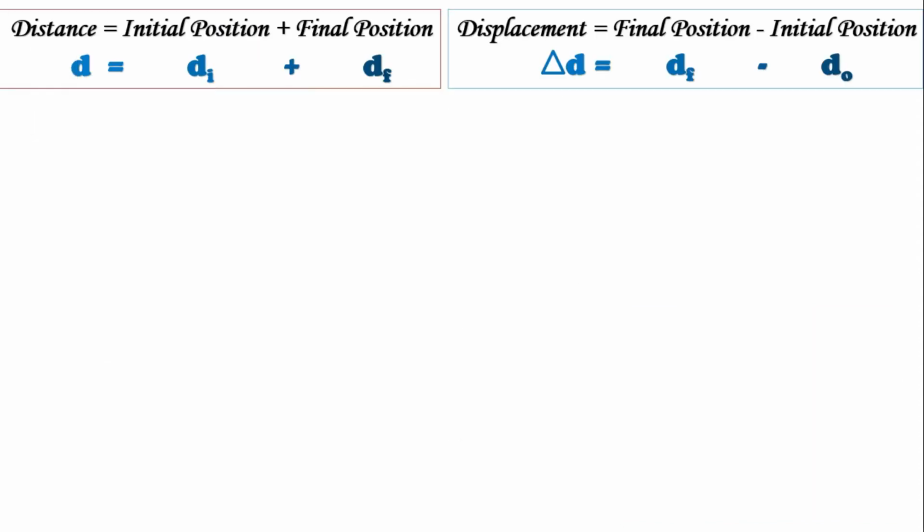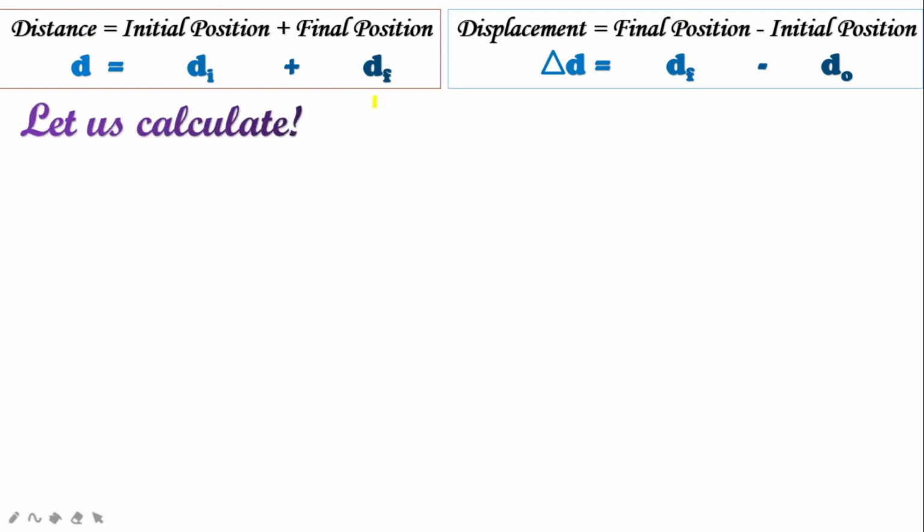Okay, now you are ready for the computation. Let us try to compute the problem about distance and displacement. We can see that there are formulas at the top of this screen. So this is for the distance and this is for the displacement.